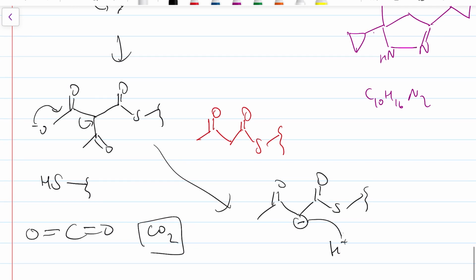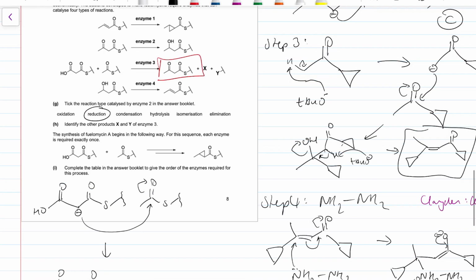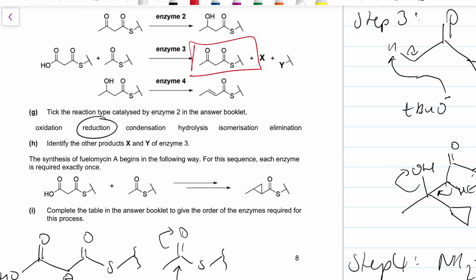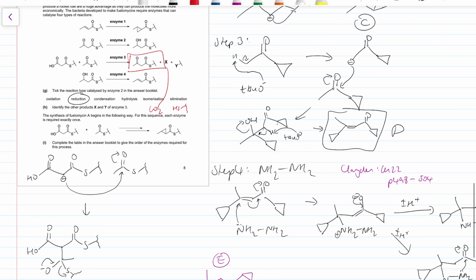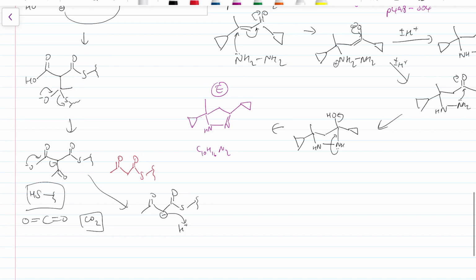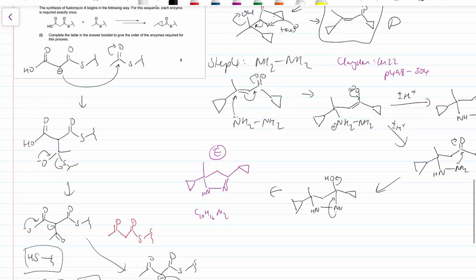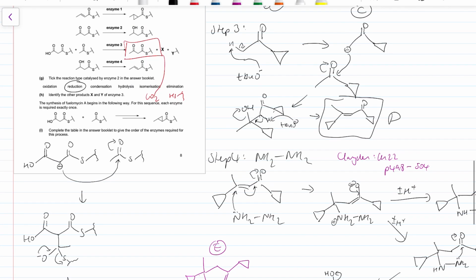If there's an H plus lying around somewhere, that is our desired product. So we formed these two things, HS thing and CO2. If we look at what we've been given, X and Y, we can judge that X is CO2 and Y is HS, like we have here. Again, I don't know if this is correct, but this is the way that I can see we get to this molecule, which is what you have to try and do if you want to figure this out.